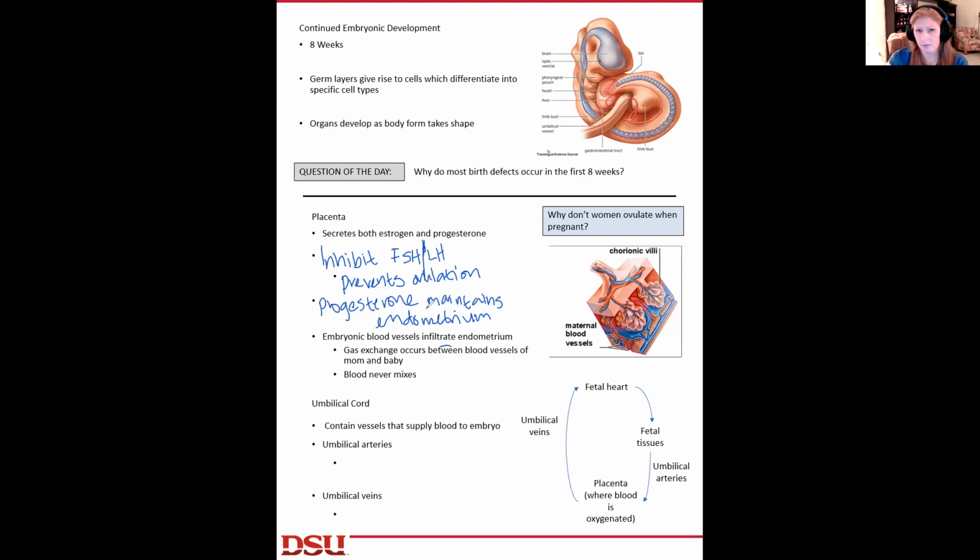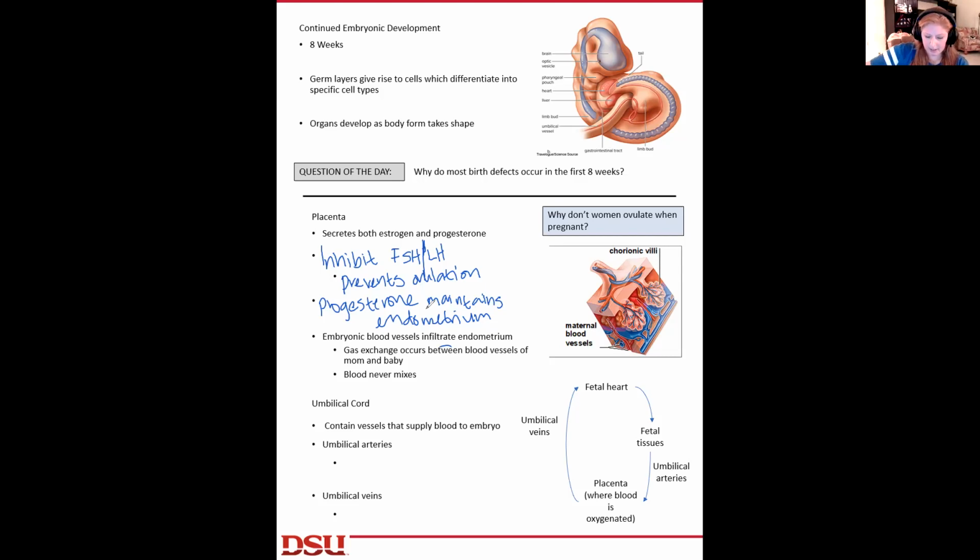But the blood itself does not come into contact during pregnancy. During delivery, that may happen, but not during pregnancy. This is usually a question on one of your tests, just FYI.